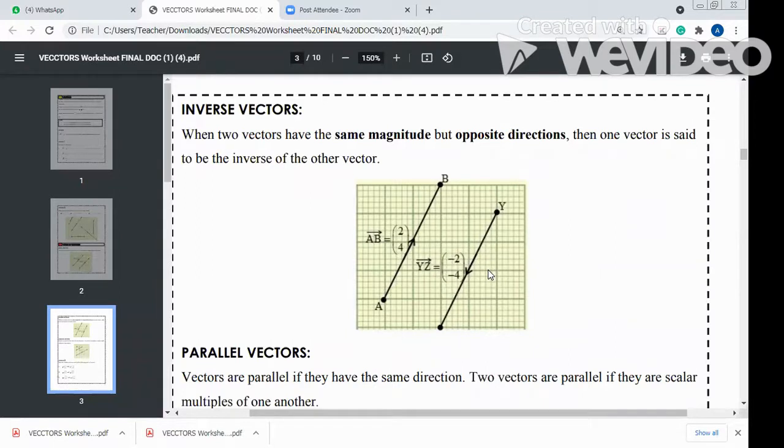What do you think magnitude really is? Magnitude is really the length of the line. So the longer the line, the bigger the what? The magnitude. The shorter the line, the smaller the magnitude.